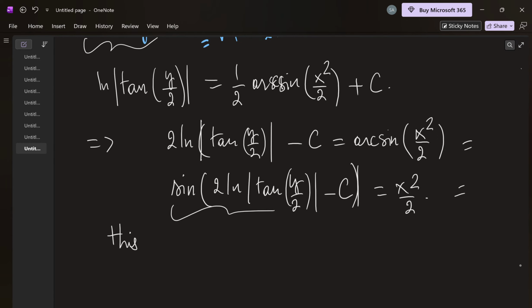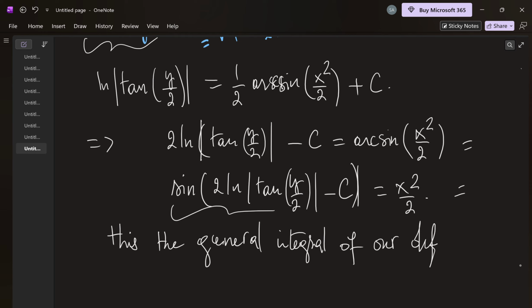So this is the general integral of our differential equation. Okay?